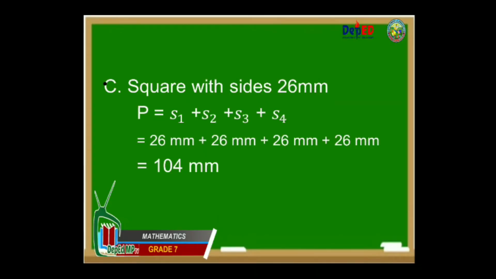Letter C. Square with sides 26 mm. The formula used is perimeter is equal to side 1 plus side 2 plus side 3 plus side 4. It is equal to 26 mm plus 26 mm plus 26 mm plus 26 mm. So the perimeter of a square with sides 26 mm is equal to 104 mm.